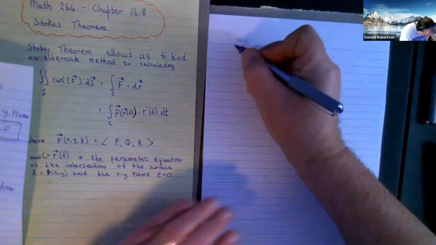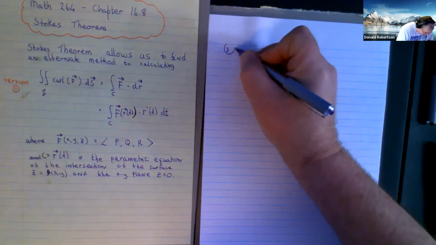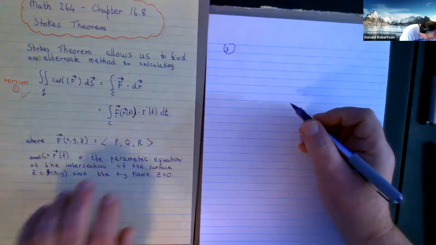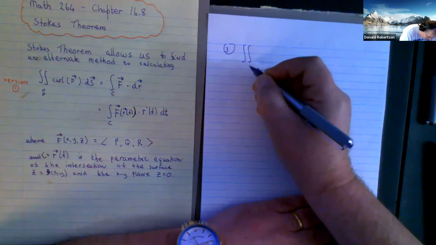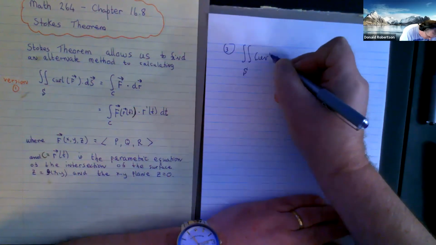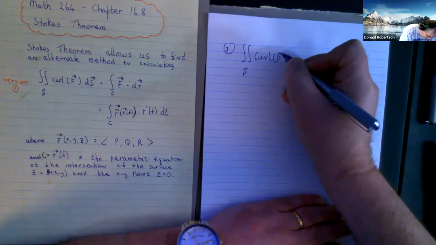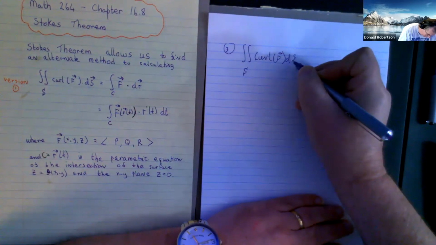Right. So, I wish I had more pieces of paper. Third thing we're going to do, I'll just write it down here again. We've got this guy, the thing we're being asked to calculate. And it's going to become this fellow.